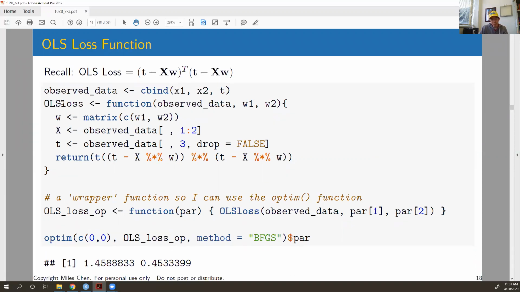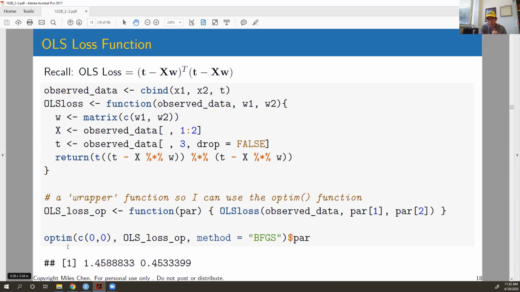I've written a function that takes the observed data, your coefficients w1 and w2, and calculates (t minus xw) transpose times (t minus xw). So w are your coefficients, x is the observed data for x, and t is the observed column t, right?